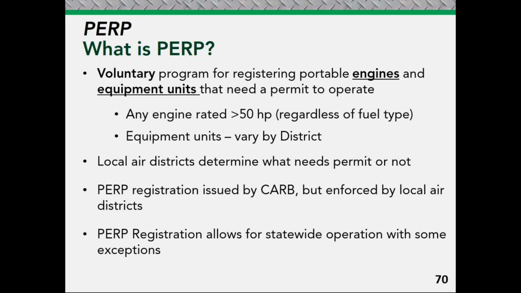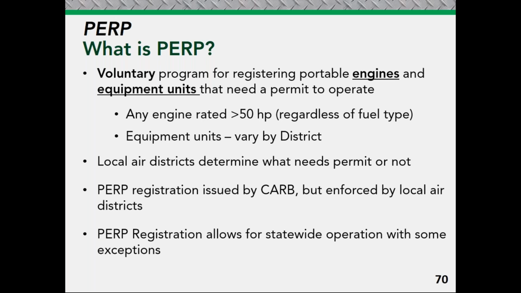Another example would be a tree, not a tree trimmer, but the grinders, the unit that they throw all the branches into. That has an engine. It's on wheels. Usually it's being towed around. So it's got a portable engine, and that portable engine needs a permit or a registration.